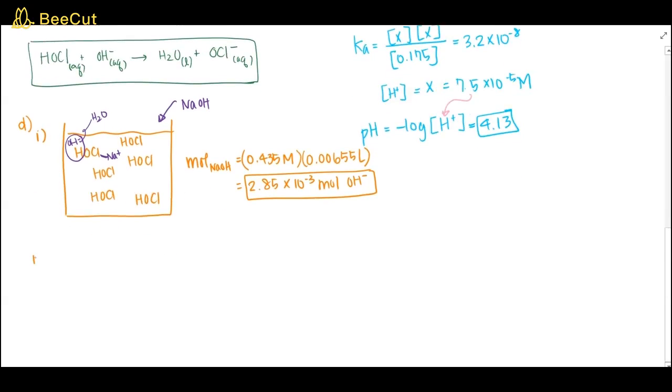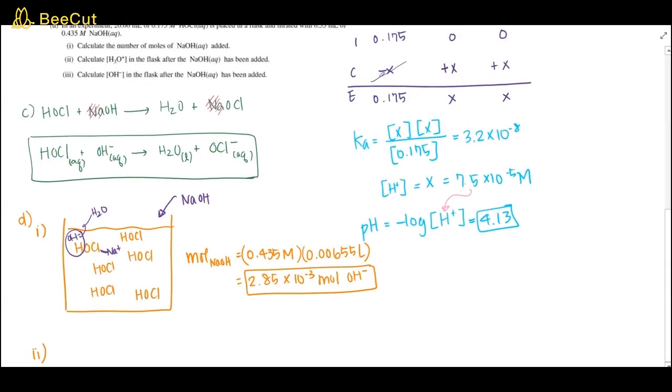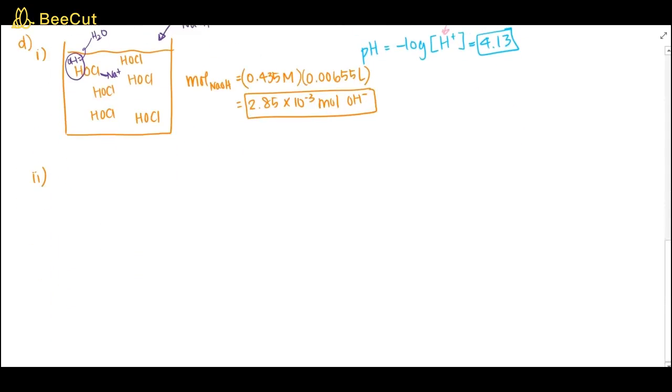Let's continue to 2. So 2 says calculate the H3O plus concentration in the flask after NaOH has been added. So now we need to do 2 different types of ICE tables.